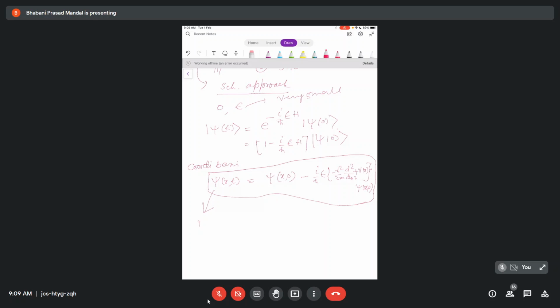So this is the Schrodinger approach. I know how to calculate this wave function at some infinitesimally close time.